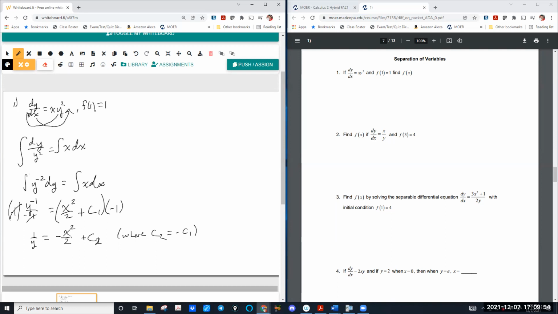It's not going to matter once I plug in my initial condition. But I want to denote that I did change the constant because of distributing the negative. So this is what's called absorbing a constant. You see this a lot in differential equations, because a lot of times we solve for the general solution first and then absorb the constant later. All right.